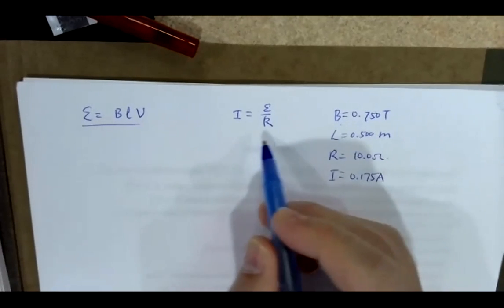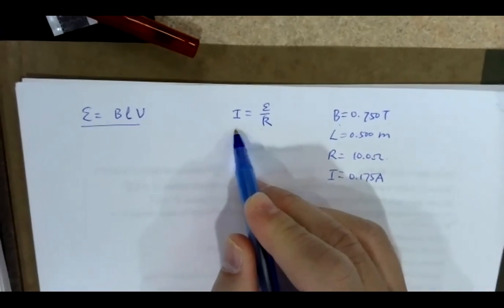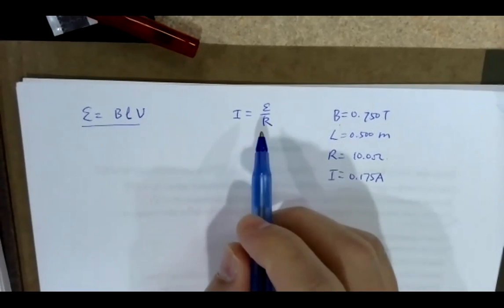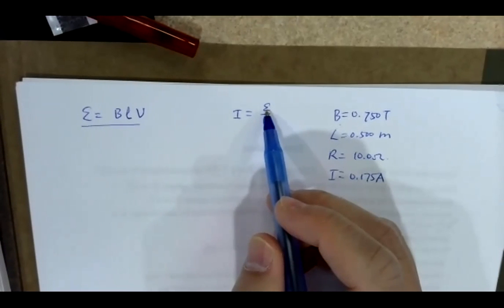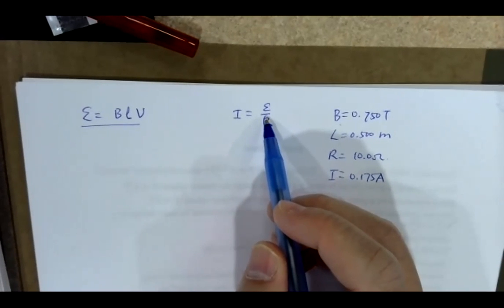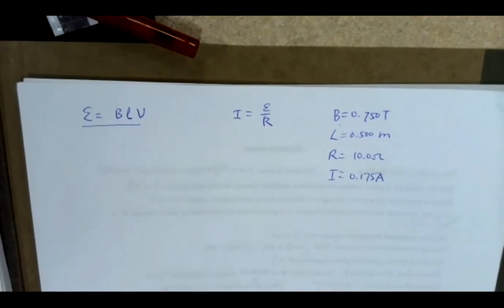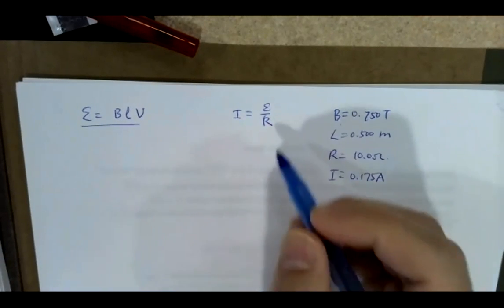According to Ohm's law, the current is equal to the voltage divided by R, okay? So the epsilon will be the voltage on the resistor here, because the rod is acting like a power source, okay? So the moving rod will have induced EMF in it, so you can treat it as a power source or battery or some power supply.